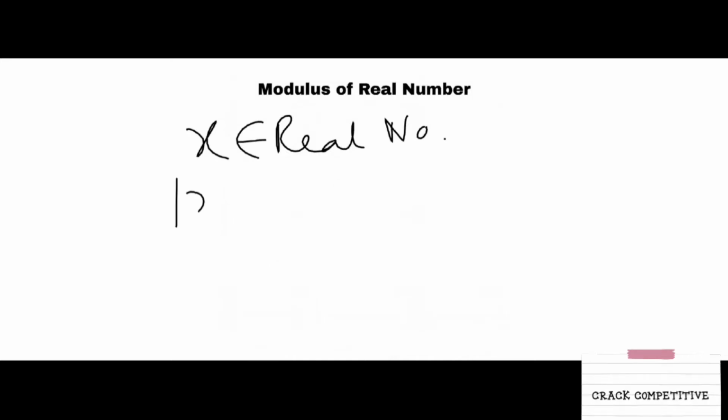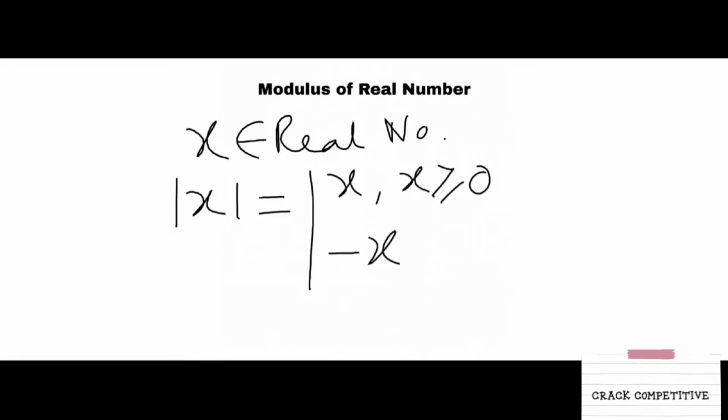Then modulus of x is equal to x when x is greater than or equal to 0, and equal to minus x when x is less than 0. You can't forget this.